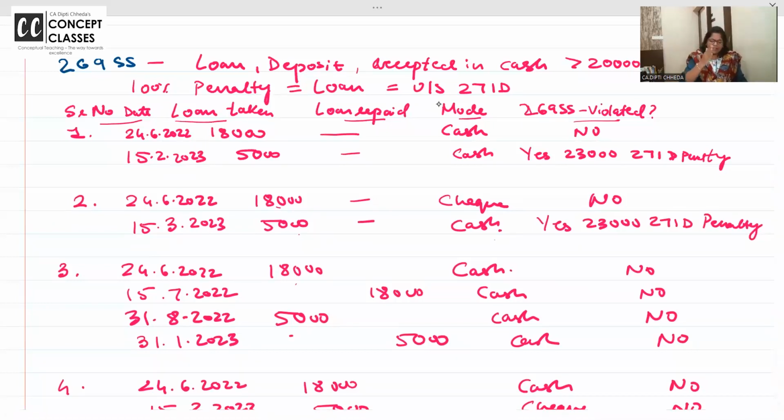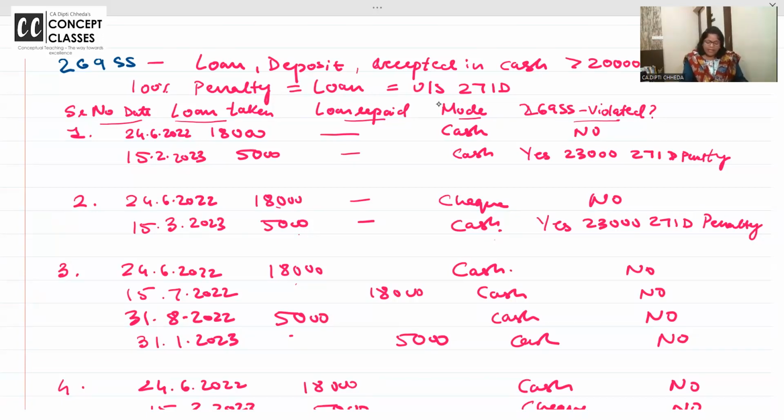Loan taken 18,000, loan repaid in cash, no problem. First one 18,000 लिए वापस नहीं दिए. फिर next 5,000 when you have taken, ma'am, I have taken only 5,000 in cash and 18,000, but when you took 5,000, your loan in cash exceeded 20,000.